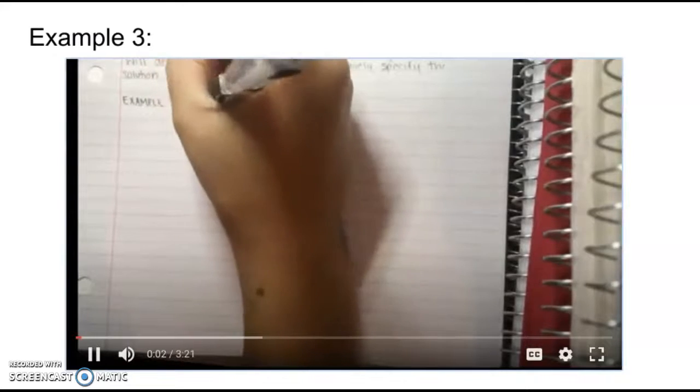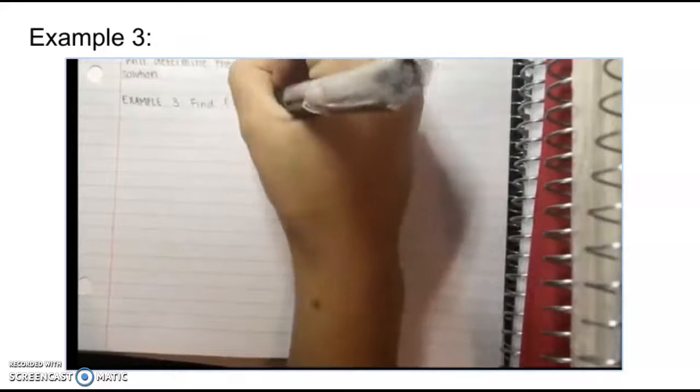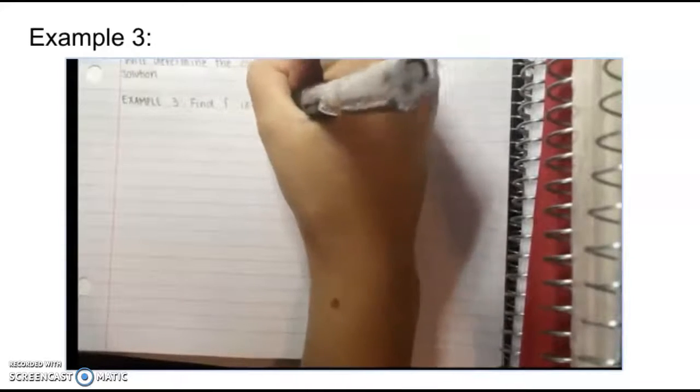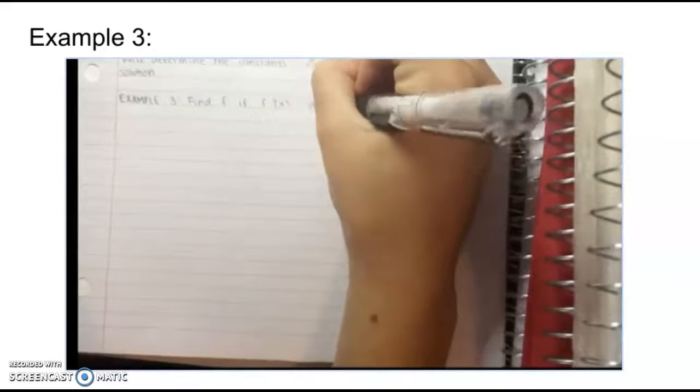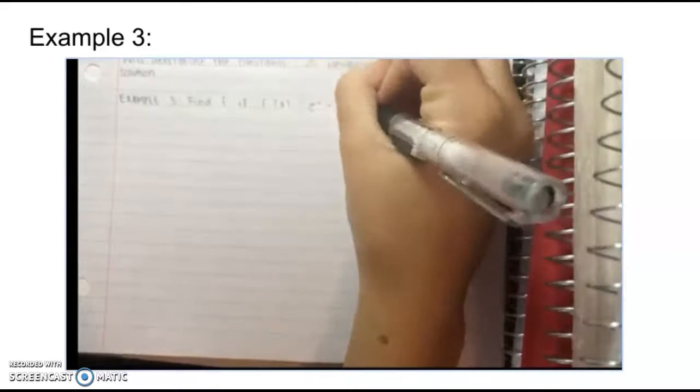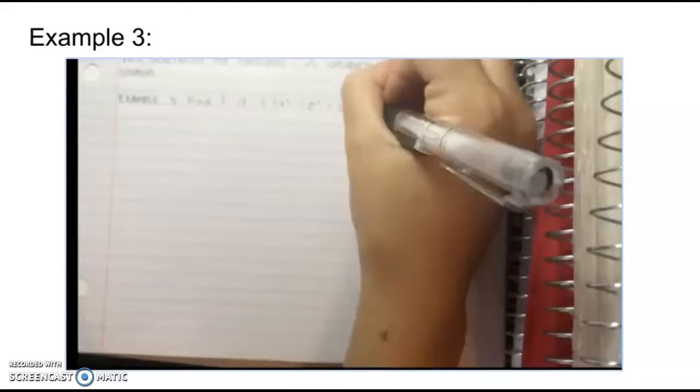Find f if f prime of x equals e to the x plus 20 times 1 plus x squared to the negative 1.